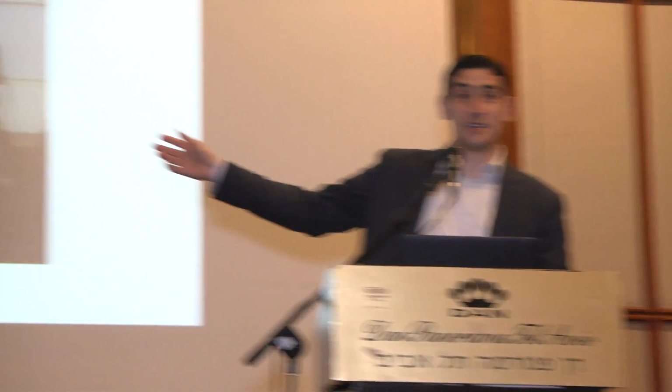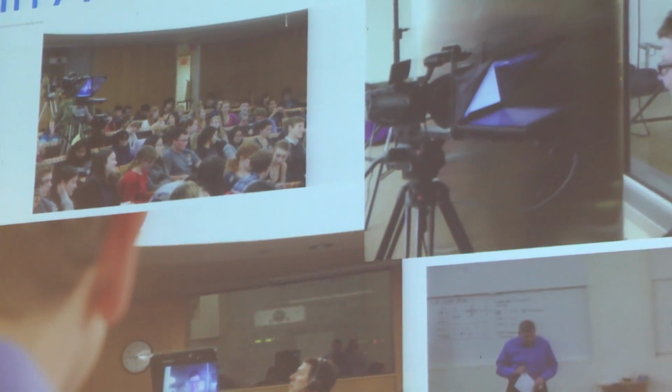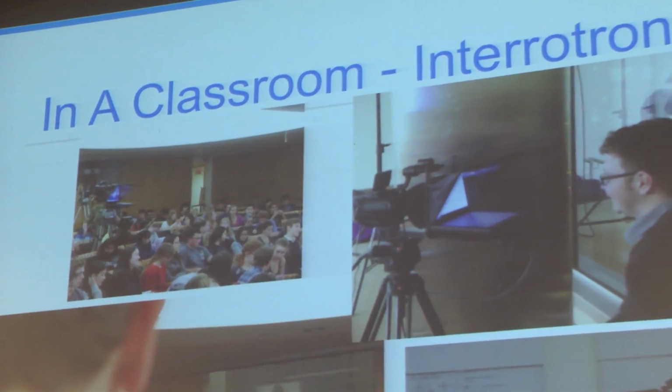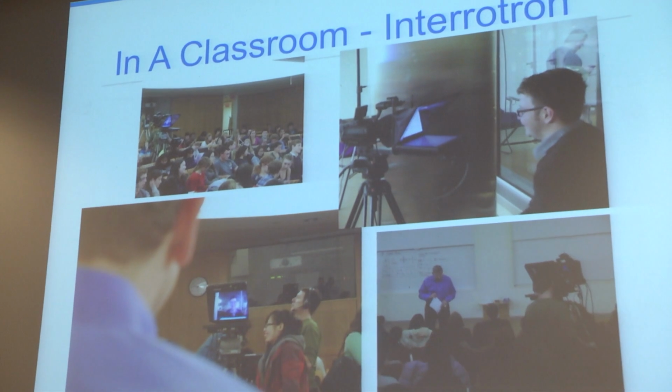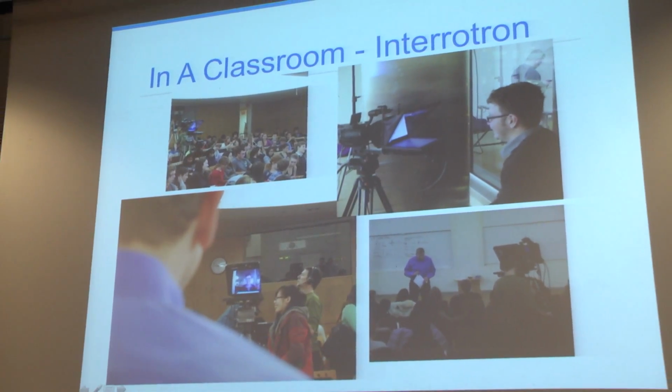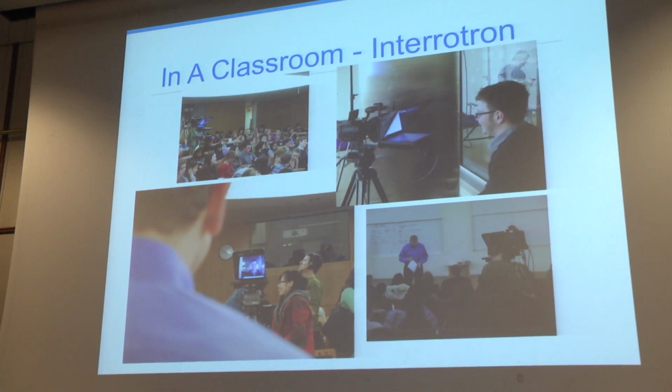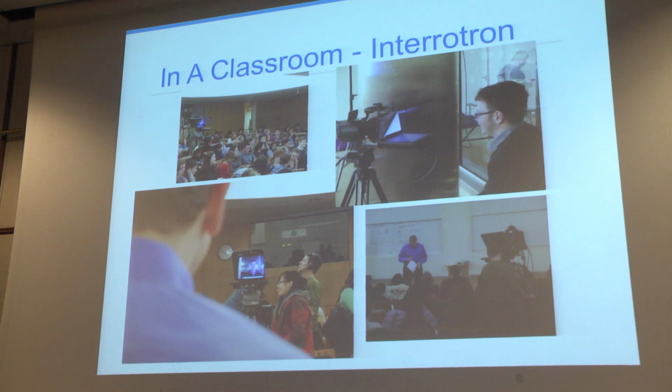So this is a more elaborate technique, but what we actually used in this case was something called Interatron. It sounds kind of funny, but the basic idea is that the teacher, you could still see, was teaching to a full classroom. And for a lot of the lecture, he was still looking at the board, he was drawing on the board, but whenever there was a learning moment, a really big point that they wanted to make, he was looking into the camera.